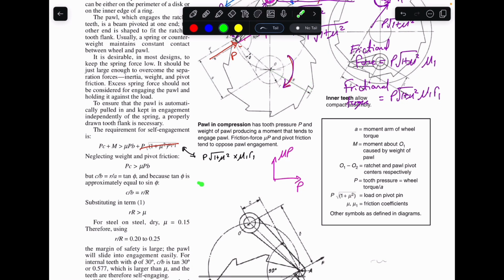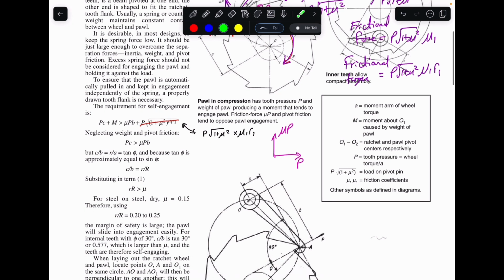You could go through the derivation here. That is to ensure that in the design of a ratchet and pawl, when the pawl is engaged and the torque increases, it wouldn't just spring out and the pawl slide out and cause some kind of catastrophe.